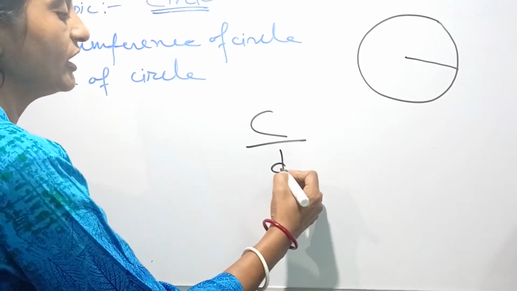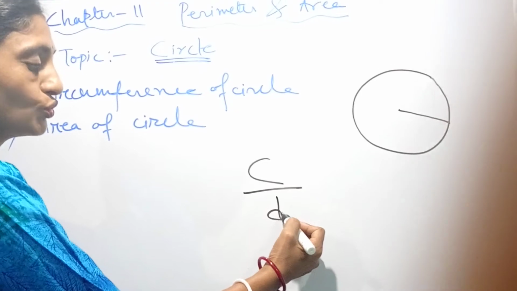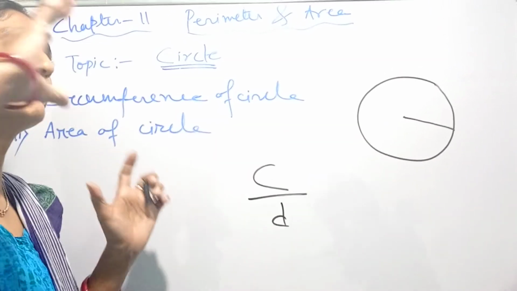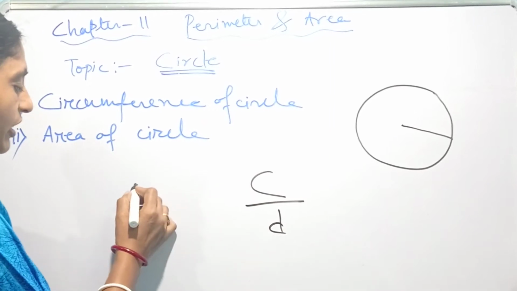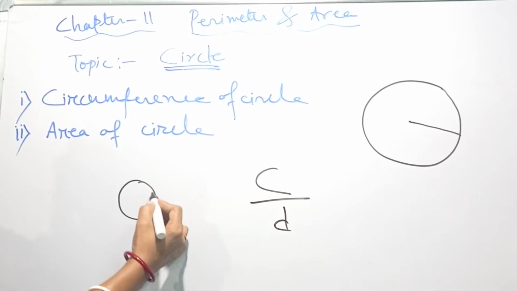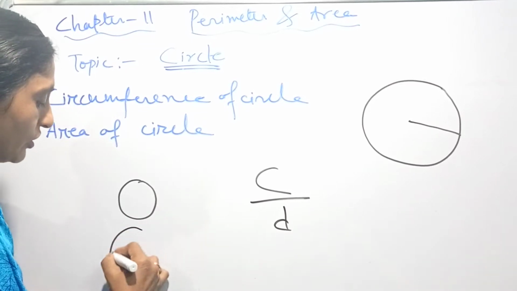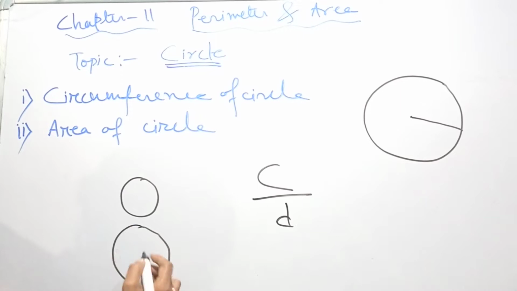When the diameter increases, obviously the circumference will increase. So we take the ratio between these two, C for circumference and D for diameter. If you have drawn many circles, you can measure the circumference by putting thread. Another one of a little bigger size, you can measure that also.